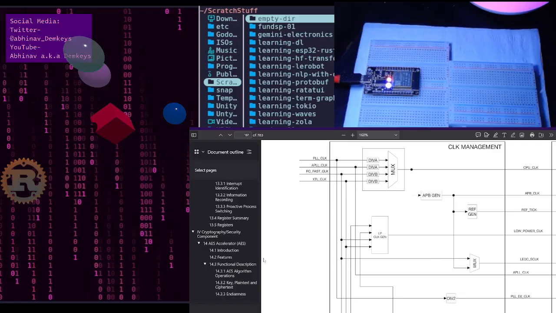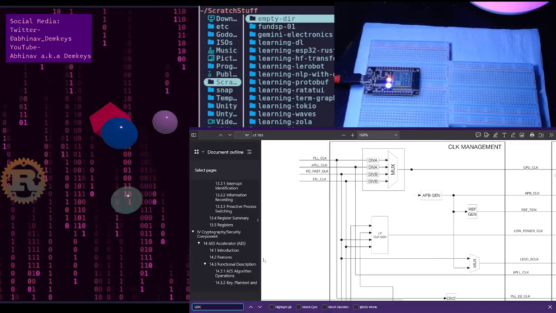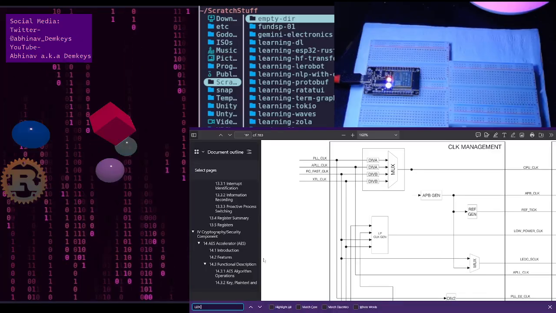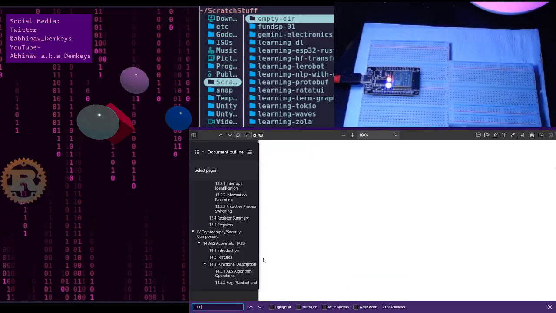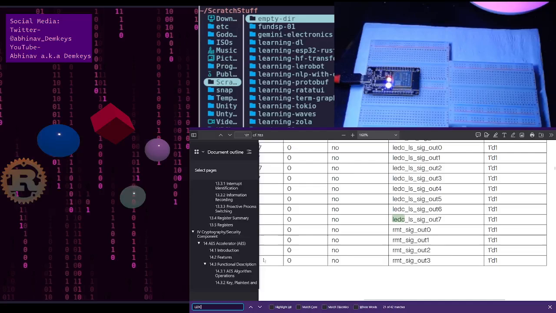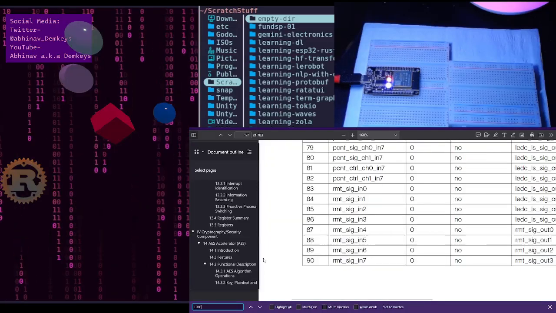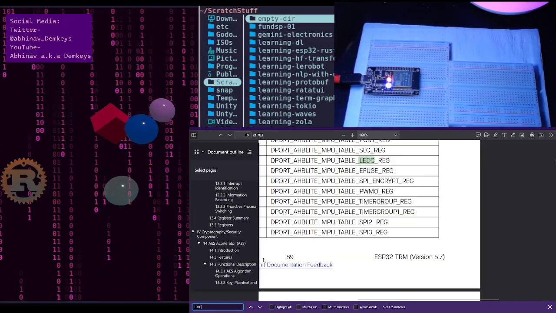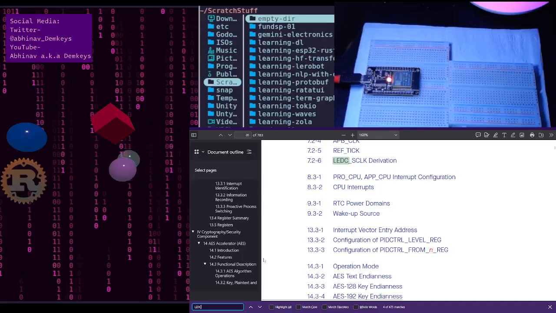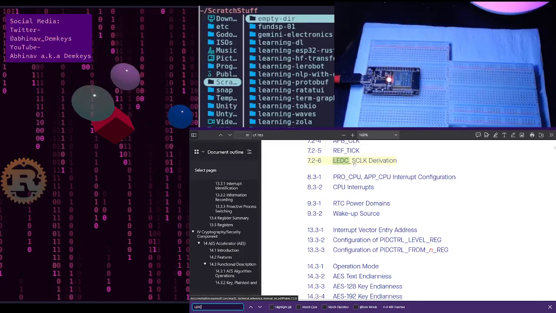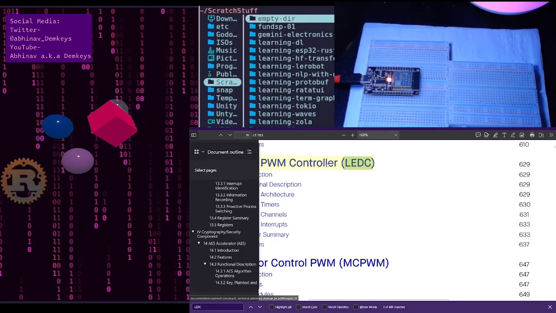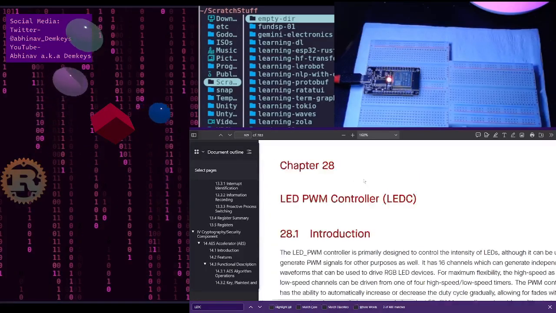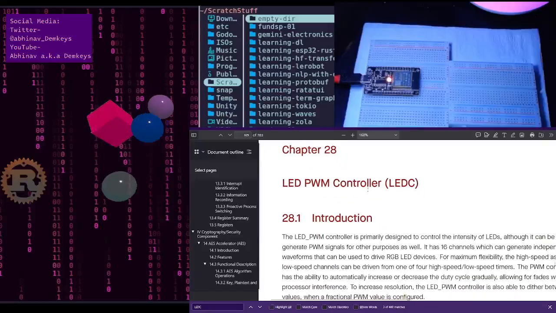Let's go to LEDC and see if anything pops up. I need to go all the way to the beginning. Okay, clock derivation, PWM controller. Chapter 28. That is crazy.